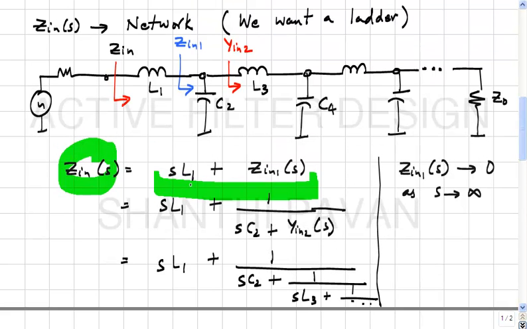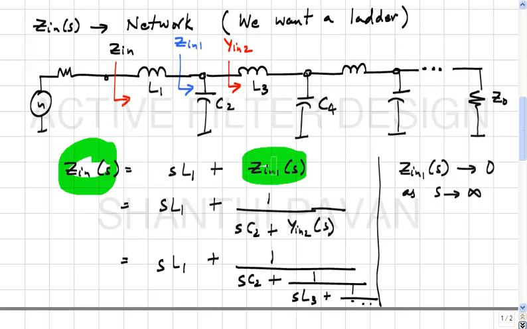So, is this clear? See, as s tends to infinity, what happens to Zn1 of s? It goes to 0. So, therefore, L1 is nothing but the residue of Zn of s as s tends to infinity, and we are exploiting the fact that at the pole of Zn of s, Zn1 of s has a 0.